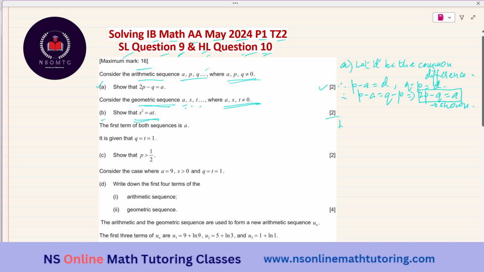Okay. So, in a similar way, let R be the common ratio.